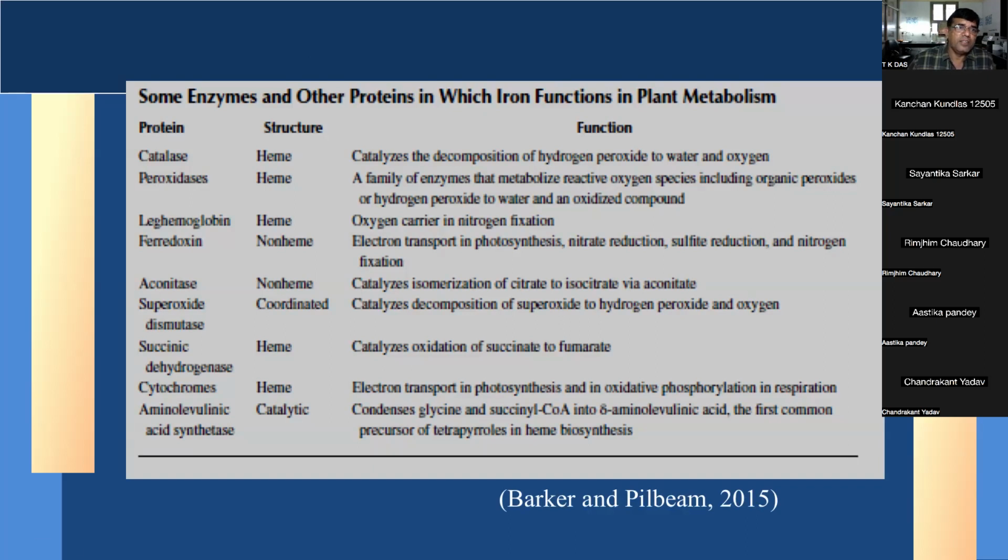It is part of enzymes or proteins like catalase, peroxidases, leghemoglobin, ferredoxin, aconitase, superoxide dismutase, succinic dehydrogenase, cytochrome. You can go through the functions. I will share this PowerPoint, so you can see the important roles of these enzymes for which iron is necessary.